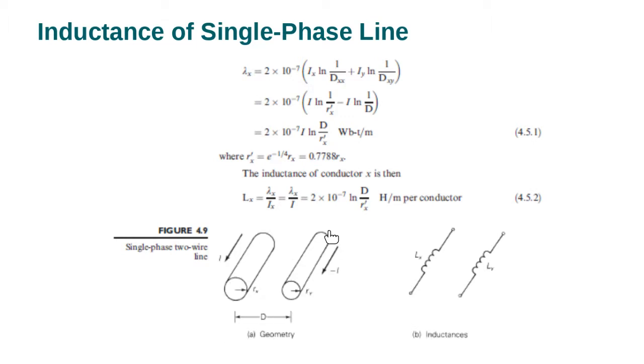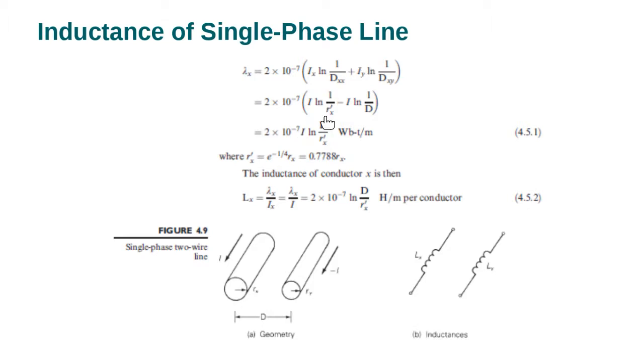When we draw a circuit, we draw a line, go to the load, and then back to the source. So we have two lines. Therefore, when we talk about single phase, we have two lines. And this is the way we do it. We add them here. XX is the radius of XX.